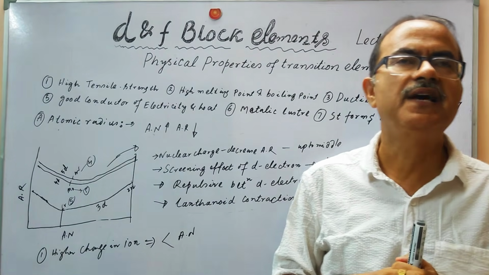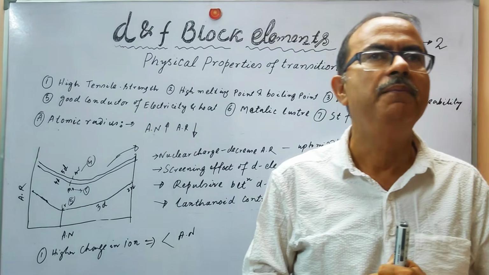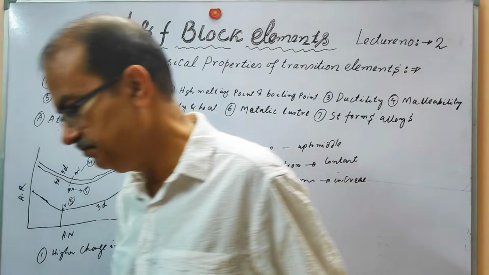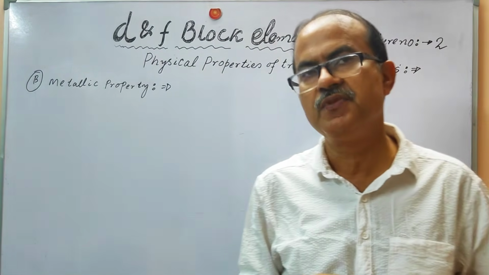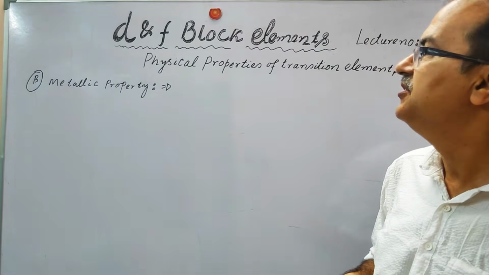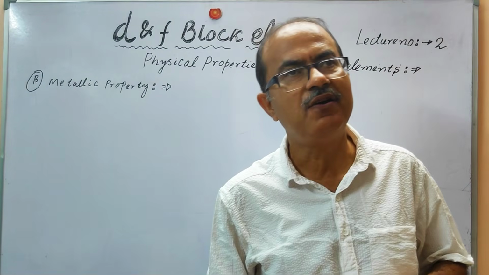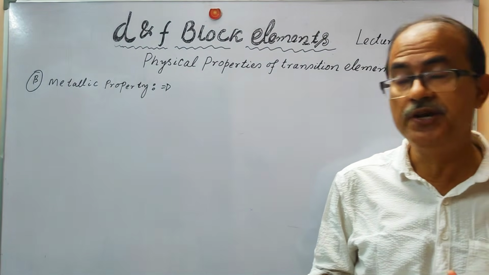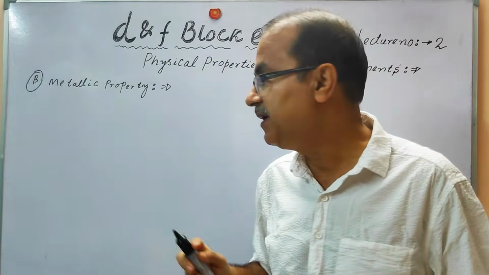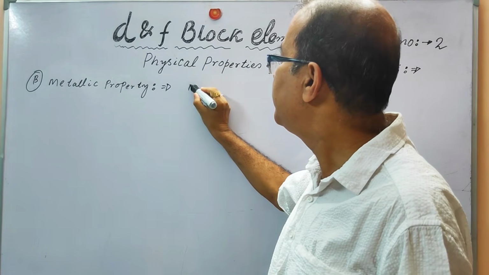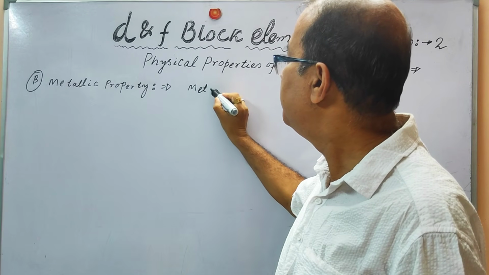So this is how you can understand the atomic radius and ionic radius. Now we are going to discuss another thing, that is the metallic character. Transition elements are more metallic than any other representative element. Why is it so? This is because of the presence of metallic bonding, which we know from the chemical bonding chapter. What is metallic bonding?